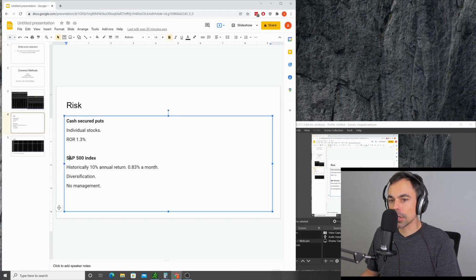If you want to invest in the S&P 500 index, buy and hold for a year, historically, you're going to have a 10% annual return. Some will say 10, 12%, depending on the website. That equates to 0.83% a month. And the advantage is you have diversification and you don't have to manage anything.